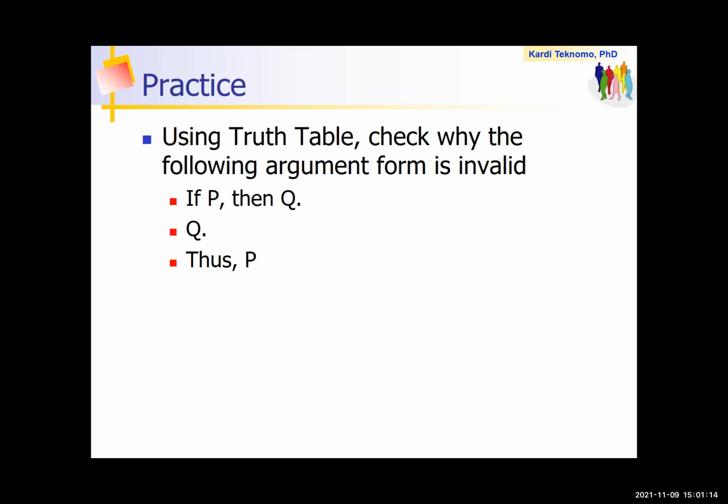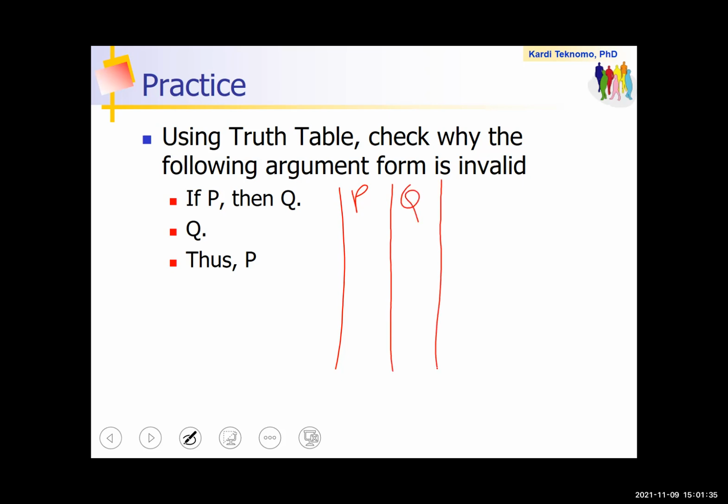Can you make a truth table? How do you make a truth table for this? So I will give you a clue. Number one, you will create what? P, right? Number two, you will create Q, right? And then after that, you will put P, Q. Another column is what?